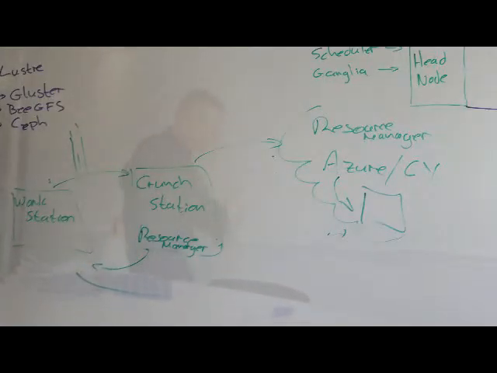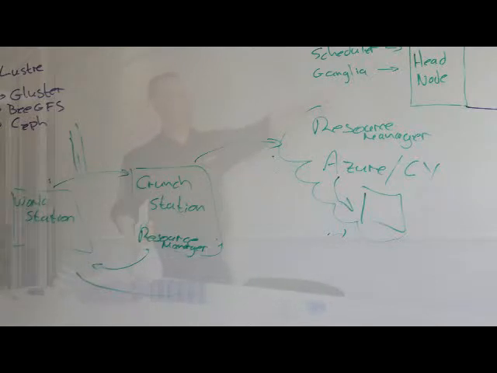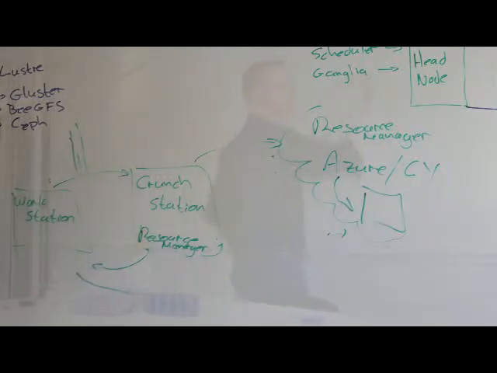When your resource manager says there's no more resources, it talks to this resource manager. And this guy says, I've got stuff. And then it says, okay, here we go, please do this. So it's the resource managers that will be talking to each other, and you can obviously enable or disable that talking.